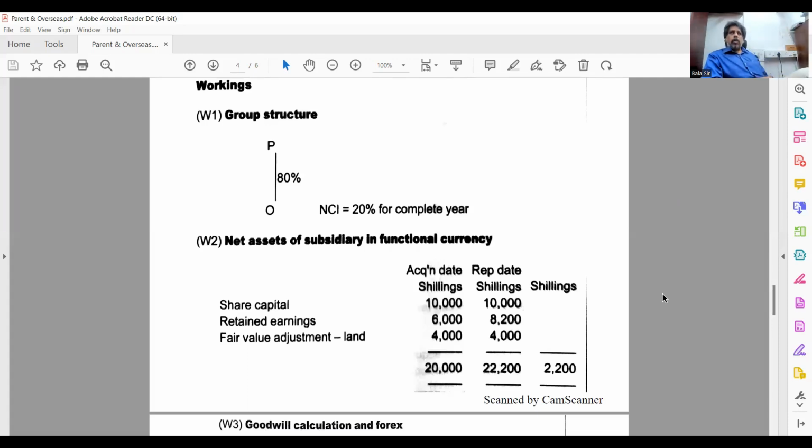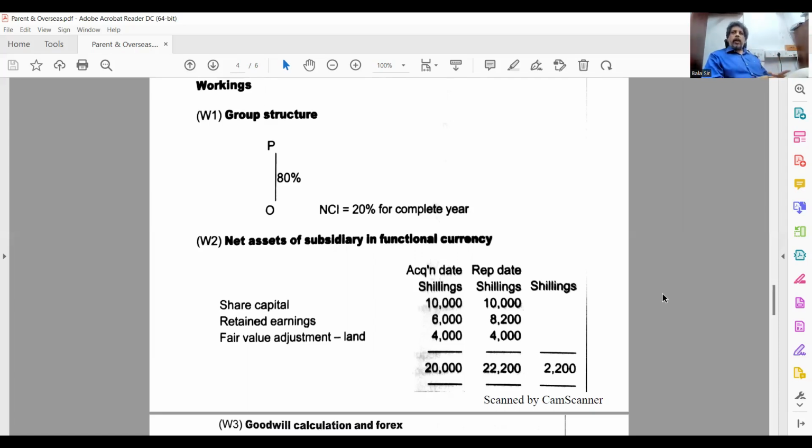Now, working note number 2. They made 3 columns, but you don't have to do that. You just make 2 columns, that will suffice. The column heads are the particulars and, in the second column, net assets on acquisition date. So how to calculate the net assets of the subsidiary company on acquisition date?